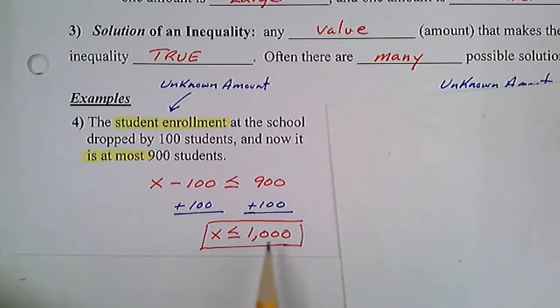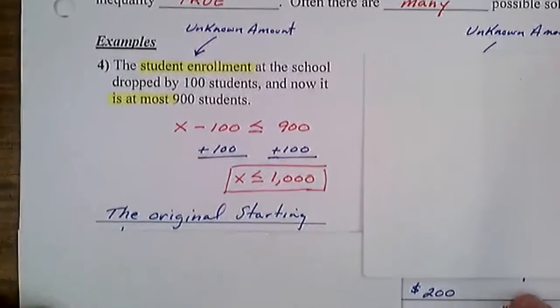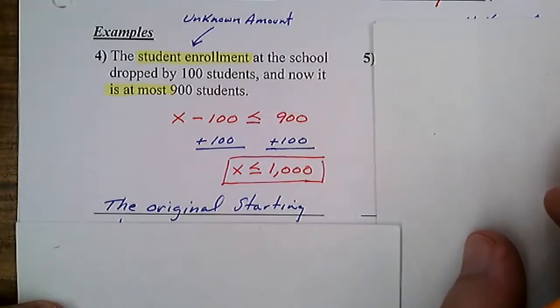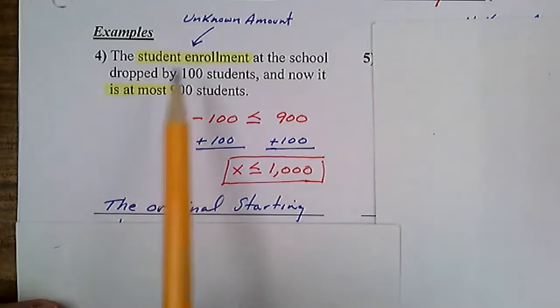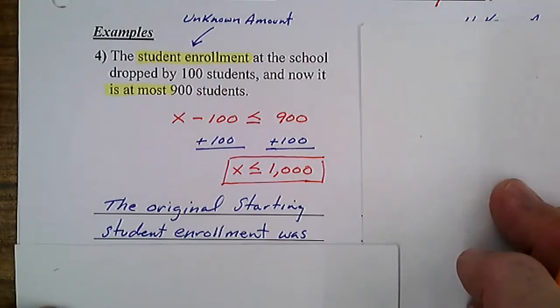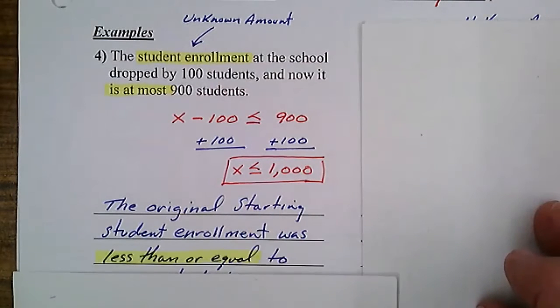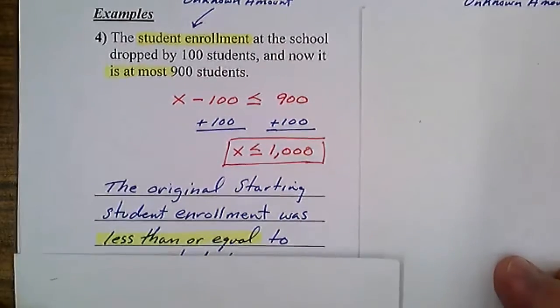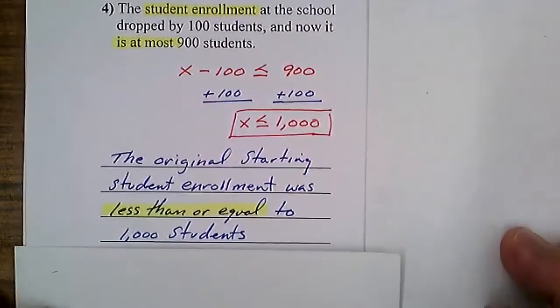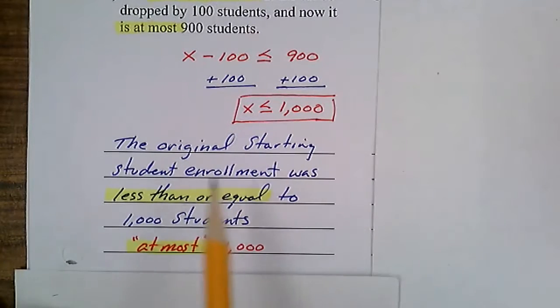Now, if we translate this, we would say the original starting student enrollment was less than or equal to 1,000 students. Another way to say it was the starting student enrollment was at most 1,000 students.